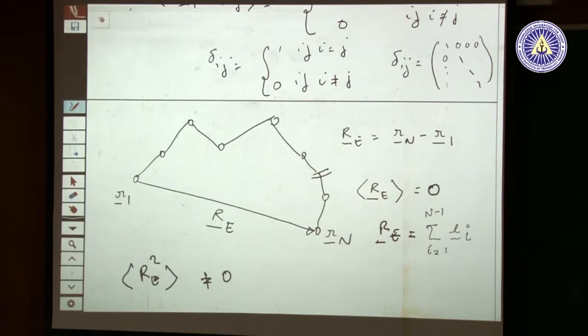These are the bond vectors. If I just add all the bond vectors together, it will give me the end to end vector. Now remember, there are n of these beads, but there are only n minus 1 bond vectors.